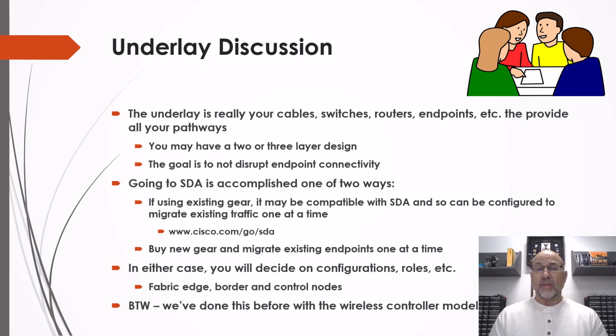So we're going to think about the 2 or 3-layer designs. And then the goal here is to not disrupt endpoint connectivity. So it doesn't matter if we're talking about a traditional viewpoint or if we're migrating to SDA or if we're going to do brand new SDA implementation. We don't want to disrupt endpoint connectivity.